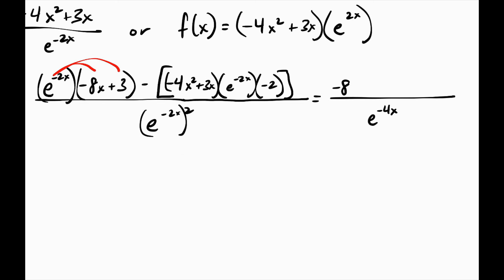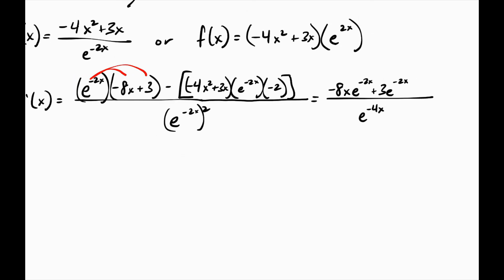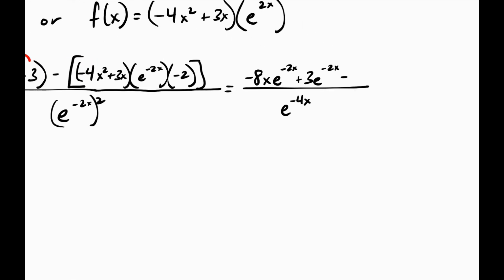-8x, oops, e to the -2x plus 3 e to the -2x minus. So I'm going to multiply these guys first. So it's going to be -2 e to the -2x. And then I'm going to distribute here and distribute there.